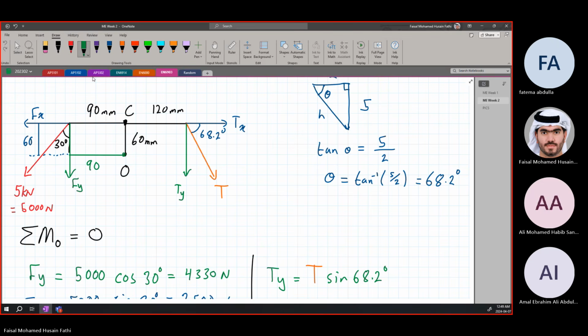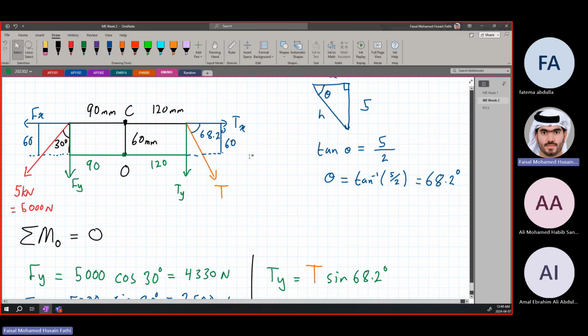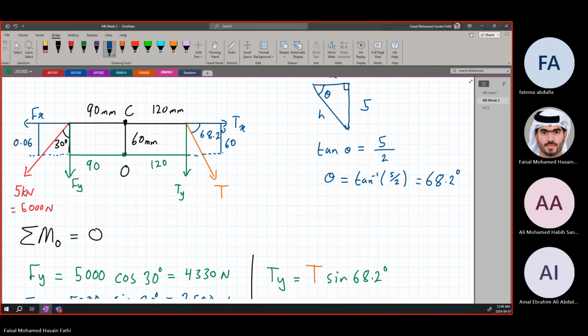If we go from O up to this point, this is 120, and if we extend this line a little bit, this distance over here is also 60. So we have the dimensions of all of these. If I want to write them in meters, this is 0.06 meters, 0.09 meters, 0.12 meters, and this is 0.06 meters.